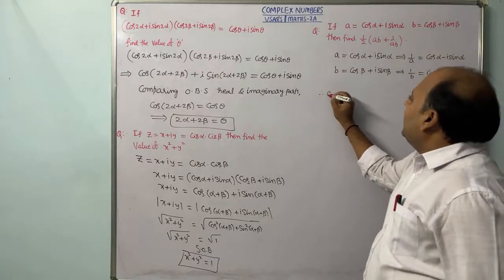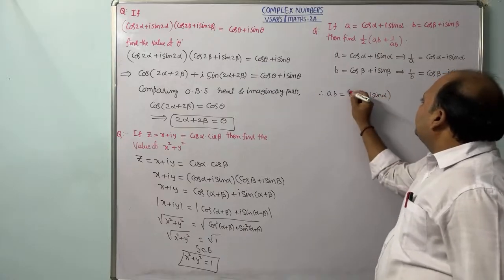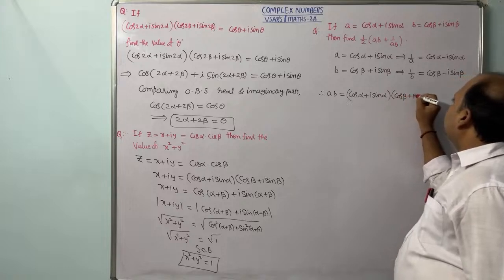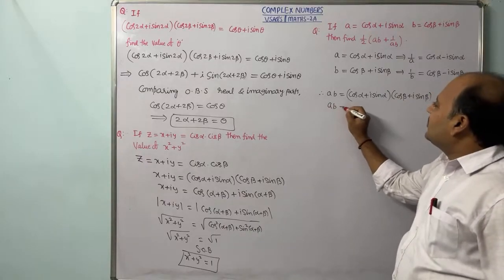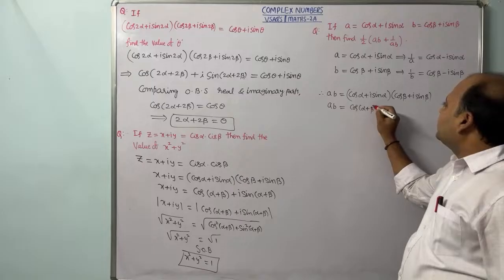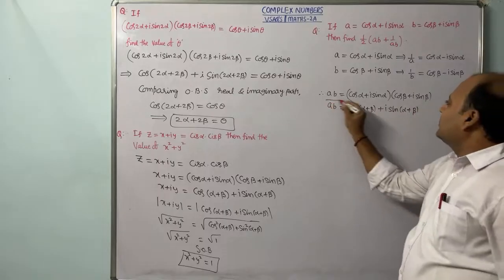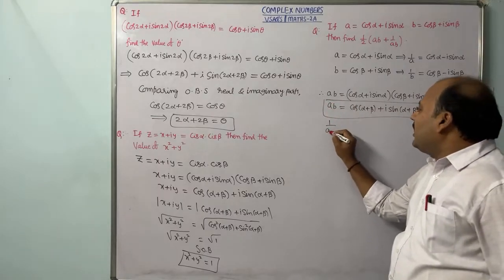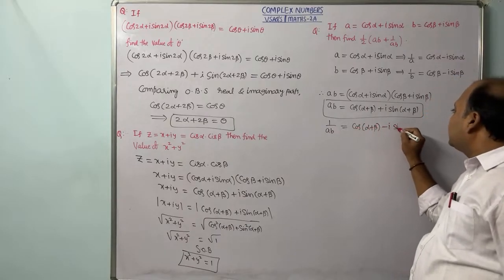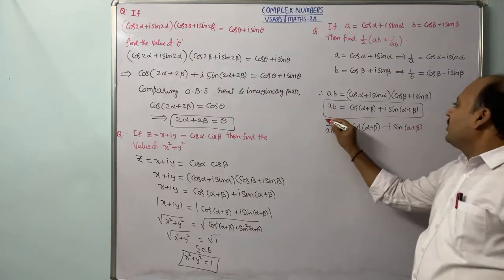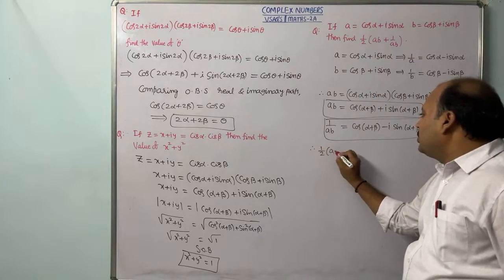The product ab is equal to (cos α + i sin α) into (cos β + i sin β). Just now we discussed two problems based on this, so ab is equal to cos of (α + β) plus i sin of (α + β). This is ab. If you write the reciprocal, 1 by ab equal to cos of (α + β) minus i sin (α + β).